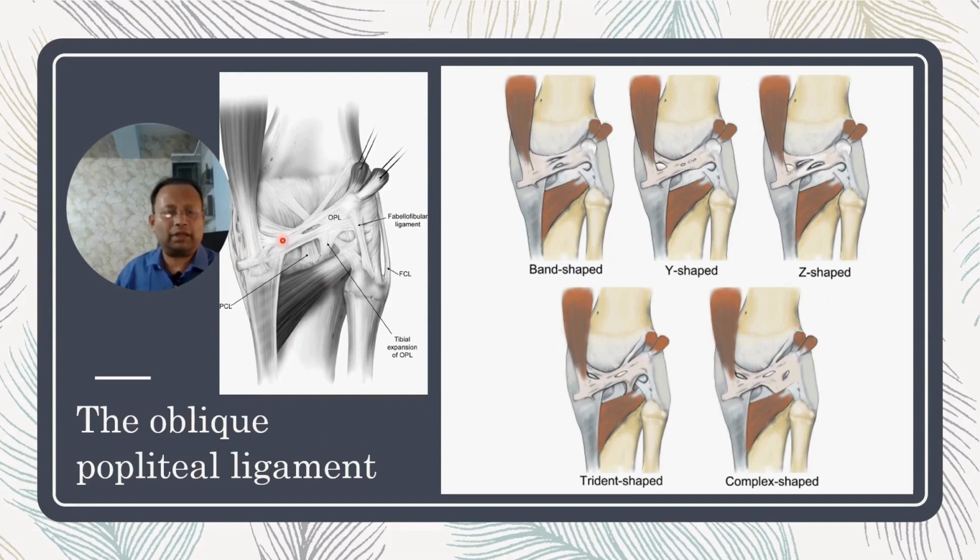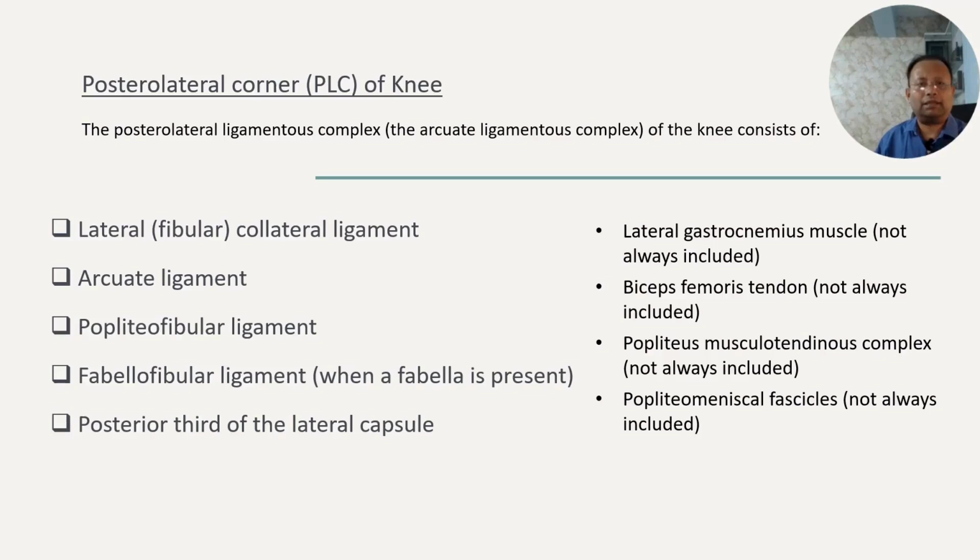So in the posteromedial corner of the knee, as you have already understood, there are two ligaments: the posterior oblique ligament and the oblique popliteal. Similarly, the posterolateral corner of the knee is also a very complex area and can cause chronic pain if injured. Here also 5 structures are there.